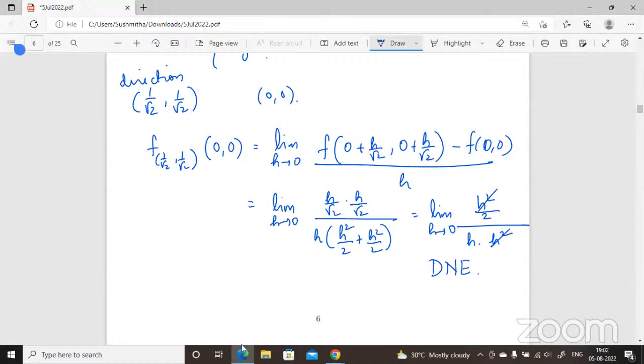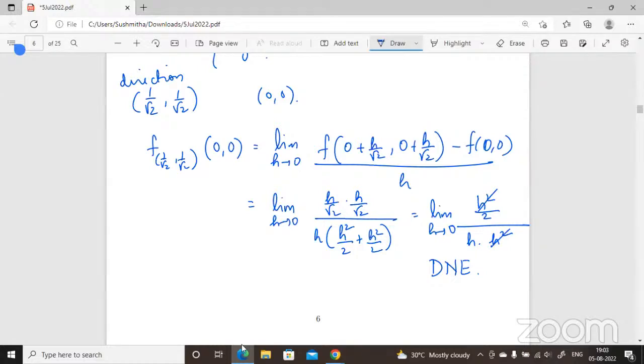So in case of 0 by 0 form or 1 by 0 form, the limit does not exist. I'm not telling that for 0 by 0 form, because if it's 0 by 0 form, this is a one-variable limit. Now you can apply L'Hopital's rule. Then you have to check whether at the next stage you're getting an answer or it still does not exist.